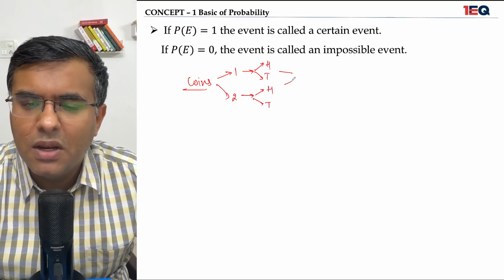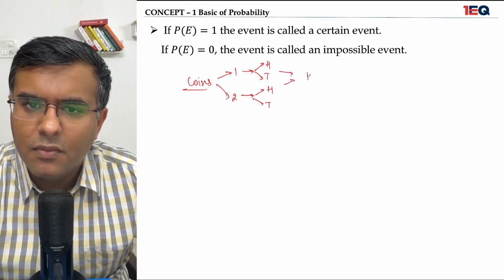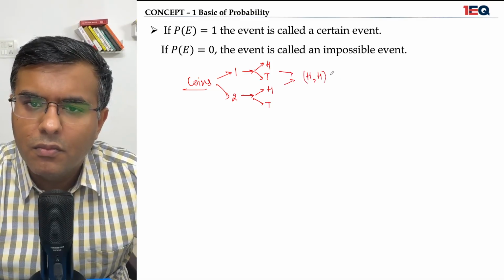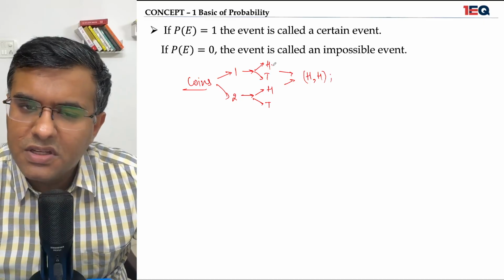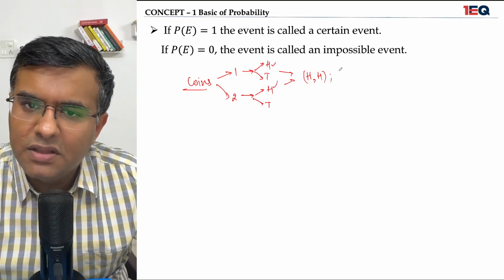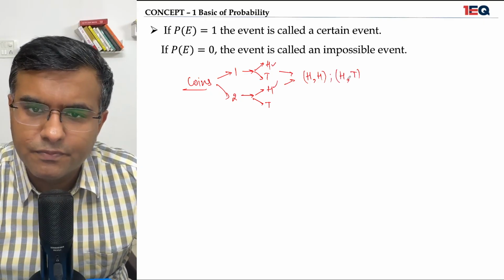So the possible outcome here would be head comma head. The first one can be head, the second one can be head. Keeping the first one constant being head alone, the second one can be tails.